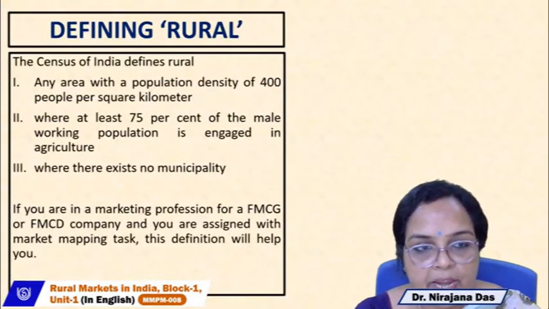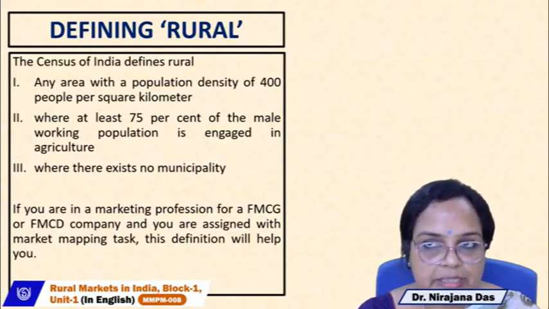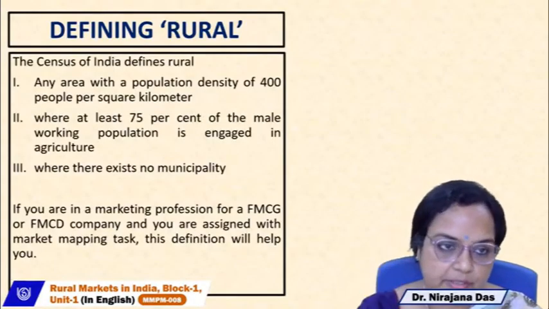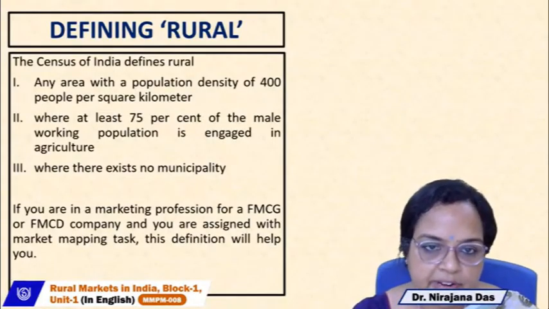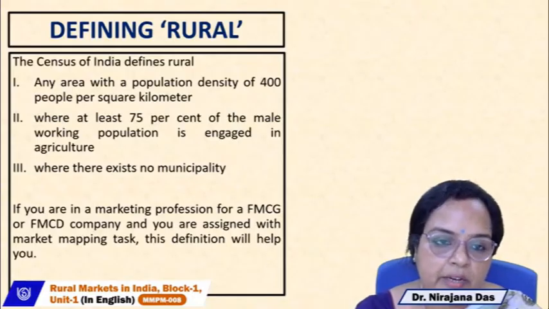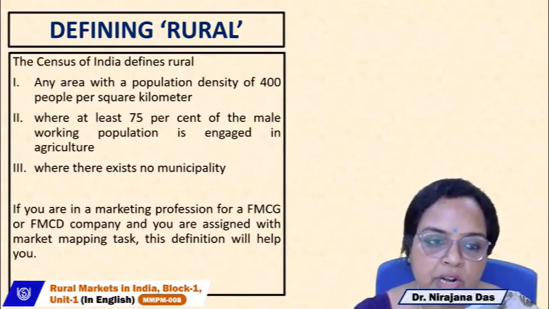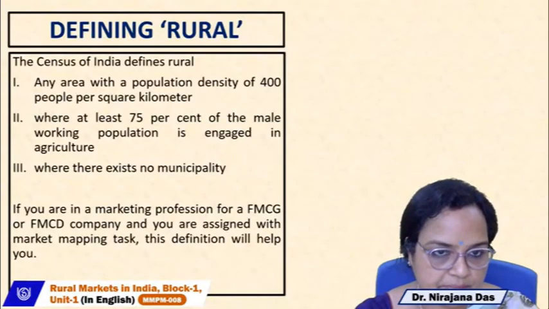We know the common definition of village, but let's see the structural definition. The Census of India defines rural as any area with a population density of up to 400 people per square kilometer.